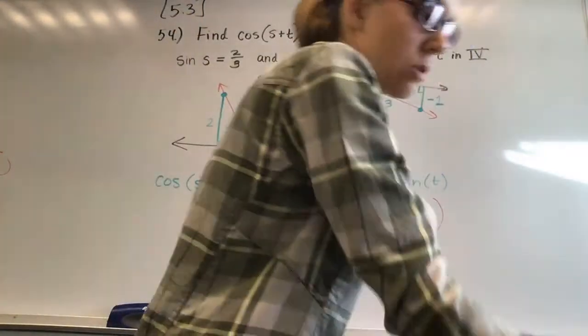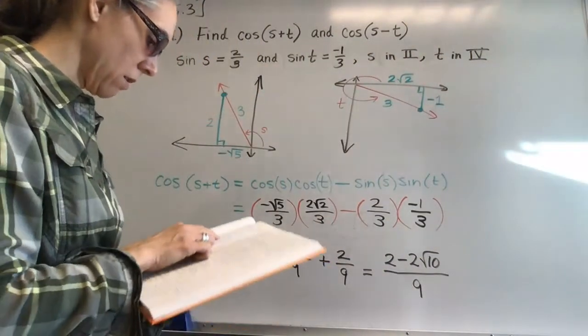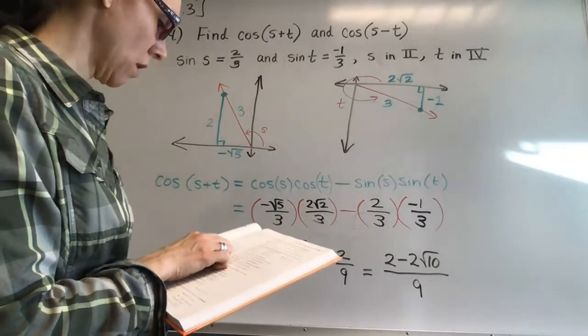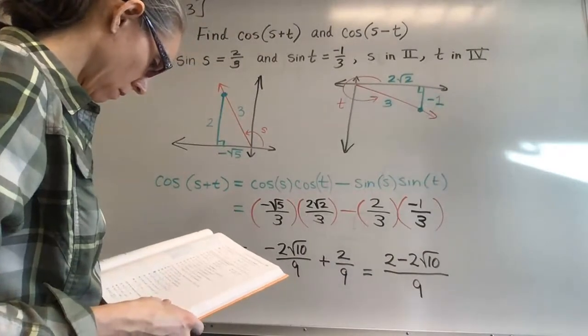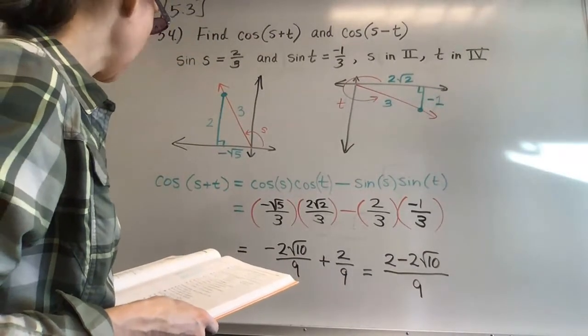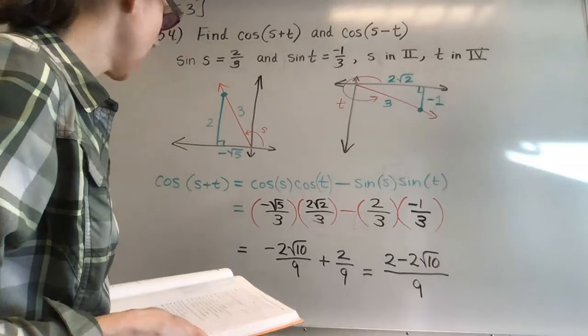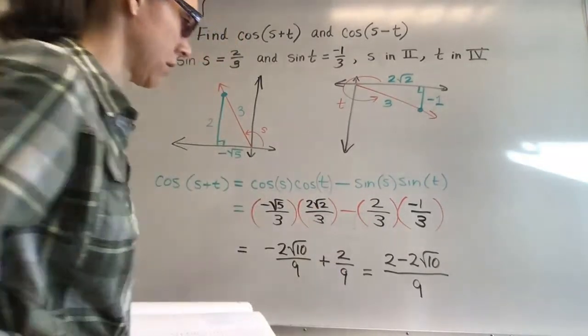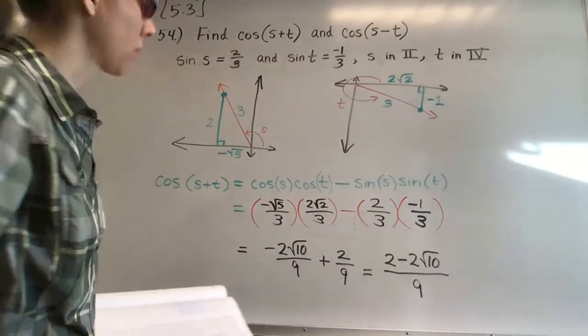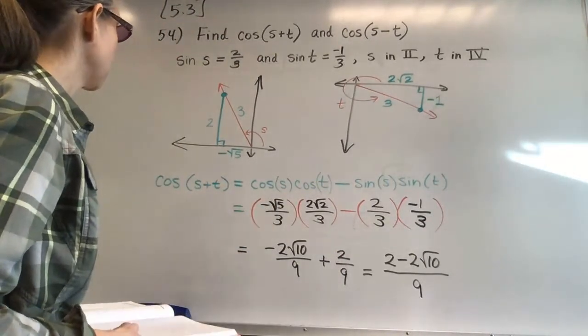Moment of truth. Let me check that I got that right. They wrote it the opposite way, but it's fine. Okay. So that is the cosine of S plus T. They wrote it with the negative 2 root 10 plus 2 first. Same thing though, of course. That's the cosine of S plus T.